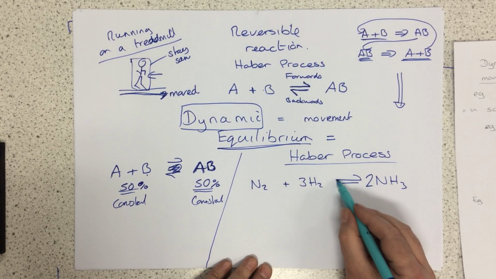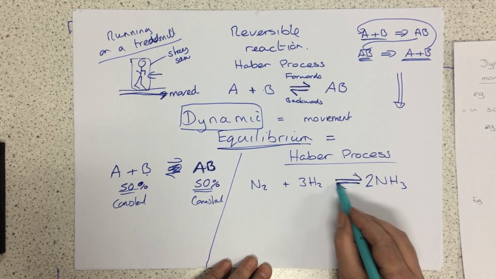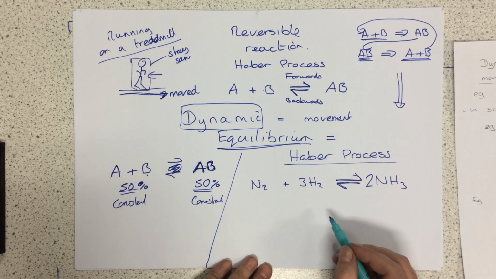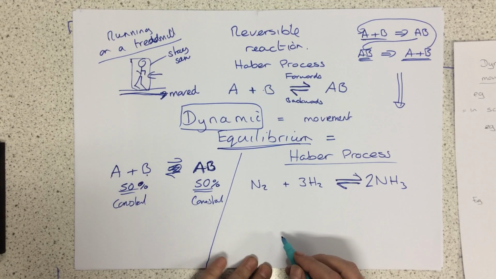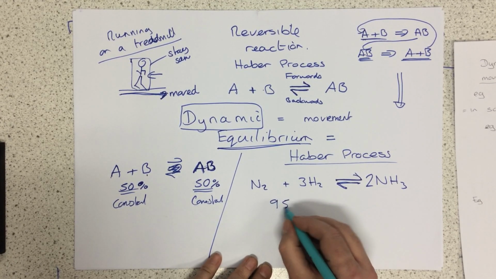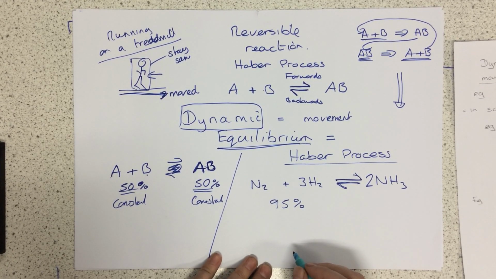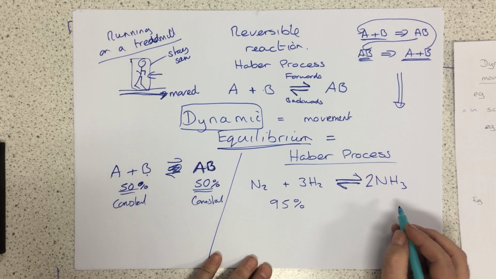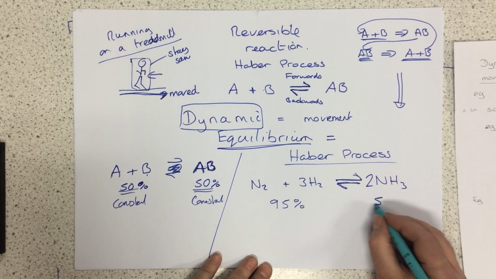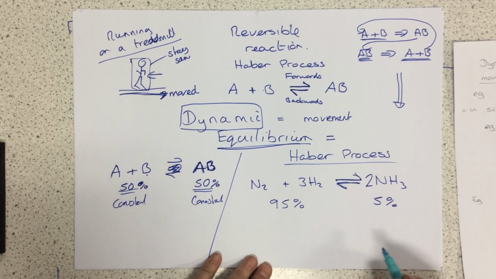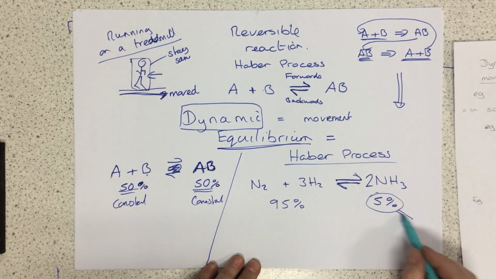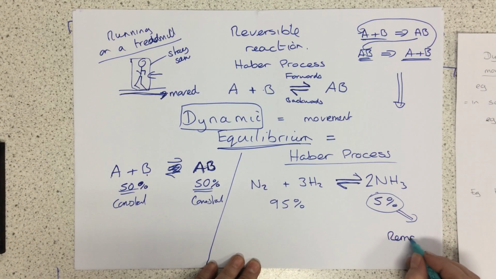Now, the thing with this is that as you're making the ammonia, it is also constantly breaking down. Now, in this case, the dynamic equilibrium means that maybe something like 95% of the reactants are separate as the nitrogen and the hydrogen, and only 5% is present as the ammonia. And what we do is we collect that ammonia and we remove it.